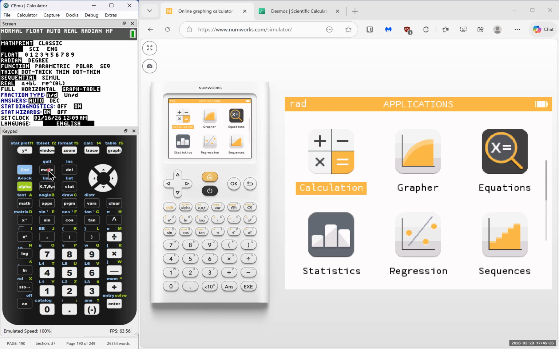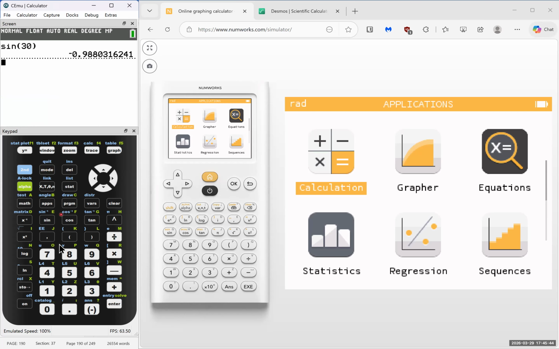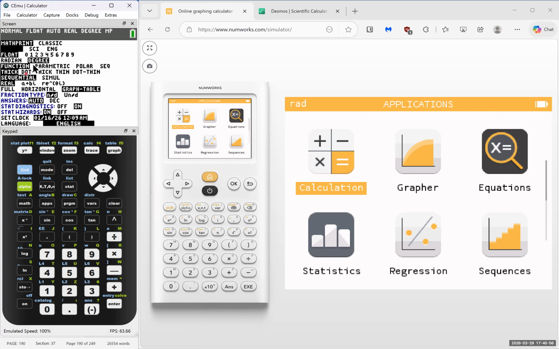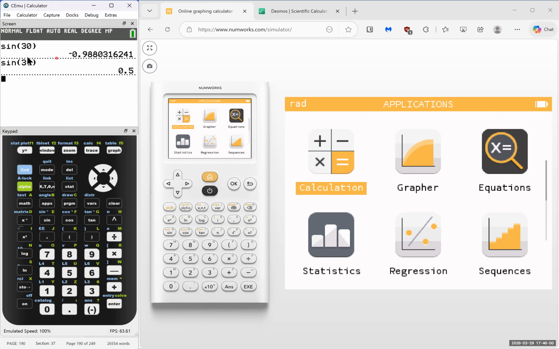So if I go to mode and I change it to degree, and then I try and calculate the sine of 30, now I get the answer I expect. So you have to be really careful that you click on mode and you switch between radians and degrees, depending on what you're calculating with, radians or degrees.